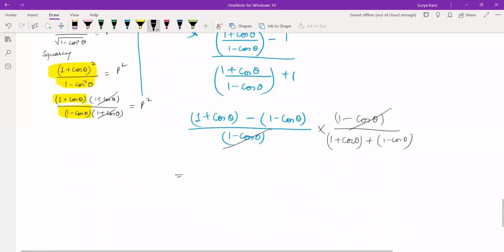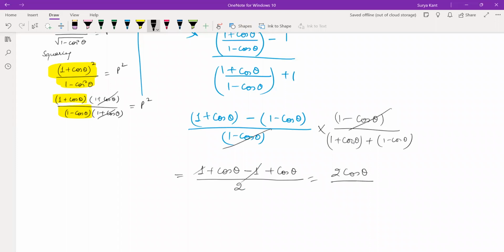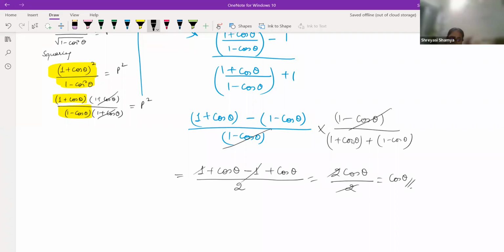So in the numerator, what will you get? 1 plus cos theta minus 1 plus cos theta divided by 1 plus cos theta. So you will get only 2, right? So this gets cancelled. So we can write here 2 cos theta by 2. So the answer is cos theta. You got the proof, right? Yes, sir. So this was the thing we can find out.